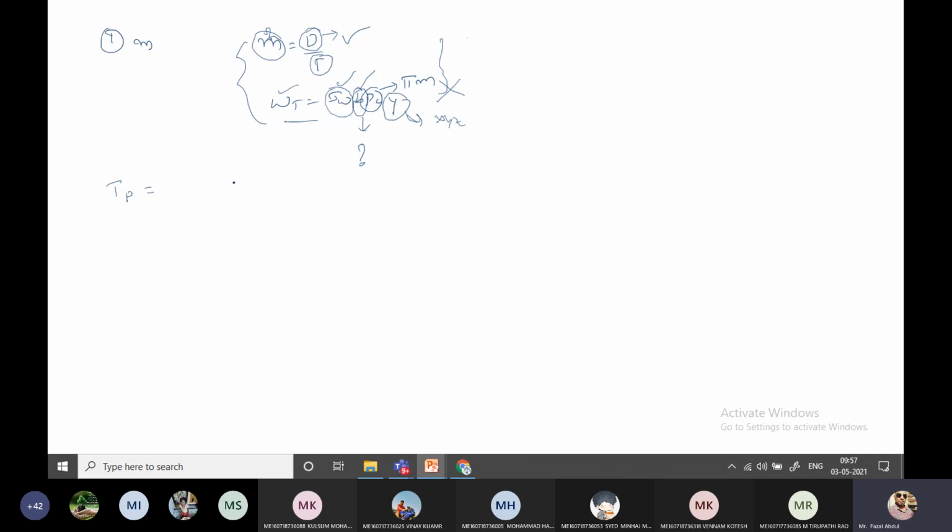So that equation again I'm writing: 2AW divided by gear ratio into square root of 1 plus 1 by g into 1 by g plus 2 sine square pi, minus 1. The square root is up to here, not to minus 1.